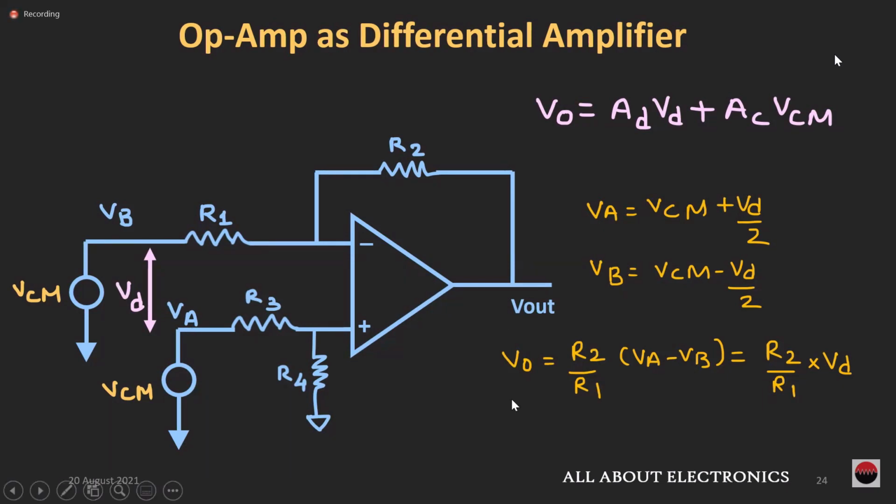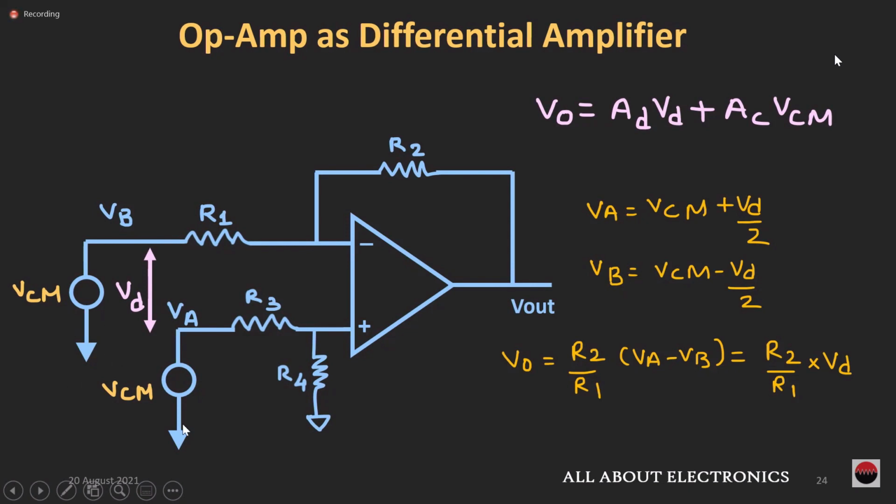And by substituting VA, VB, we can calculate VD. What is VD? Difference between VA and VB. V0 is equal to R2 divided by R1 into VA minus VB.